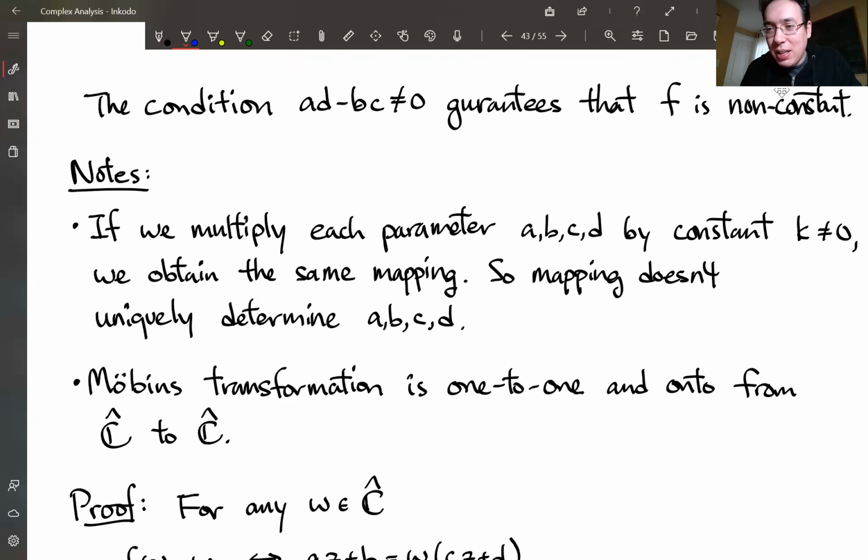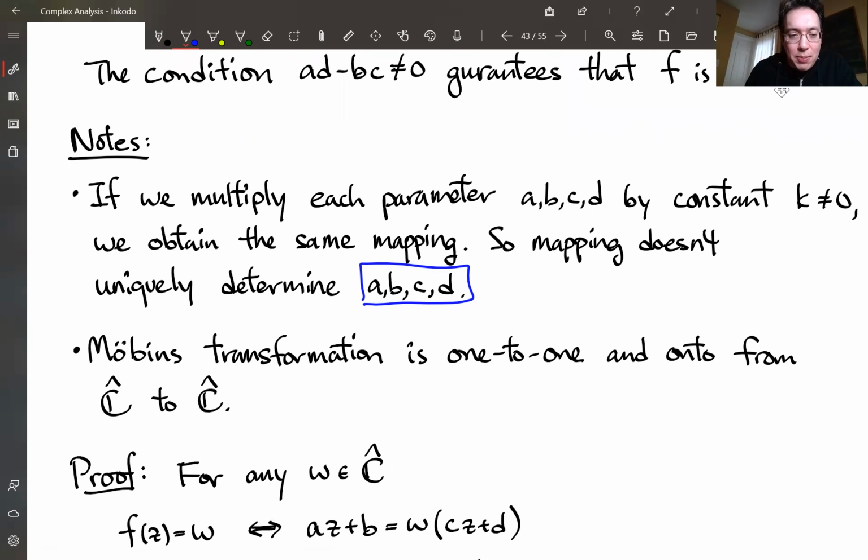The coefficient will cancel out at the top and bottom. So there's 1 degree of freedom that's redundant. But other than that, you have a unique mapping for each choice, other than the scaling factor that you might choose.